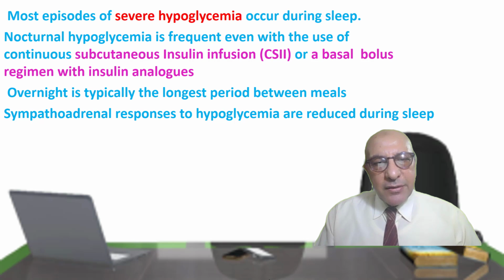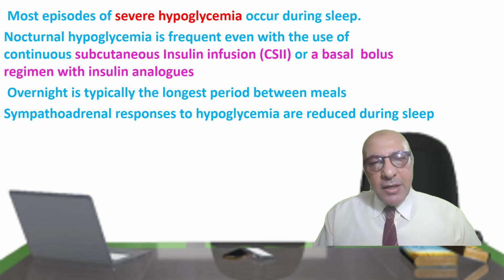The first is that the time of sleep is typically the longest period between meals. The patient has his dinner, say at 8 or 9, then breakfast next day will be only around 7 or 8, almost 10 or 11 hours. It's too long for a patient who is getting insulin to sustain his blood sugar.